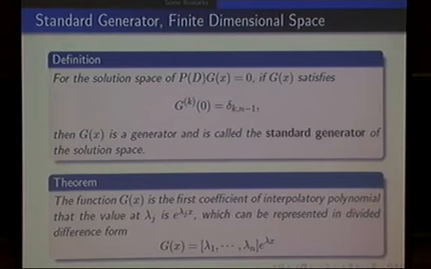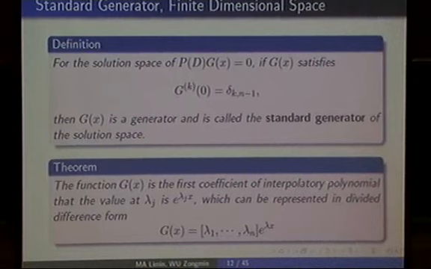The function g is the first coefficient of the interpolated polynomial, and the value at lambda j is e power lambda j x, which we can write this way. This can be explicitly represented as exponential functions, a linear combination of these.